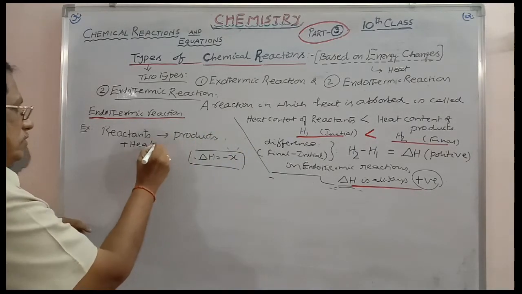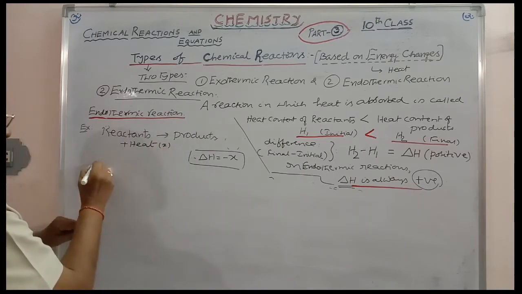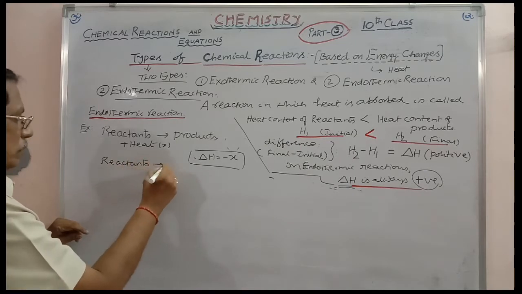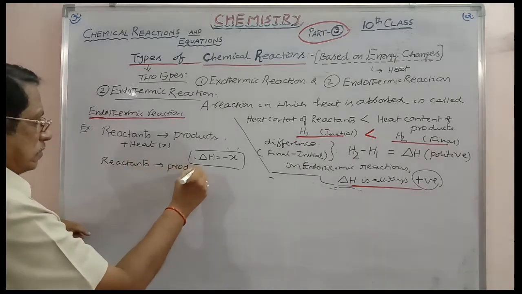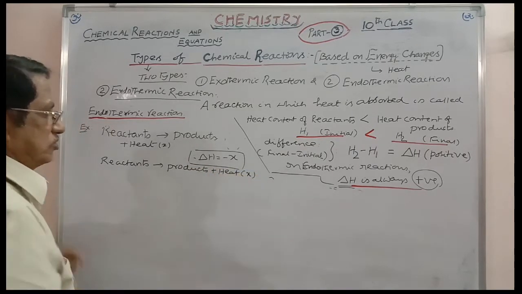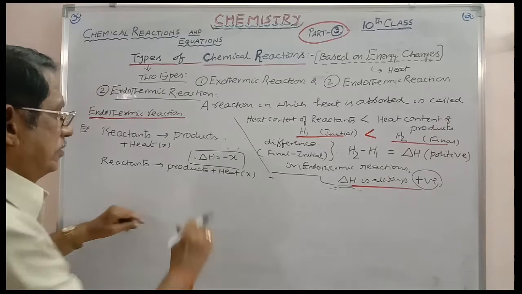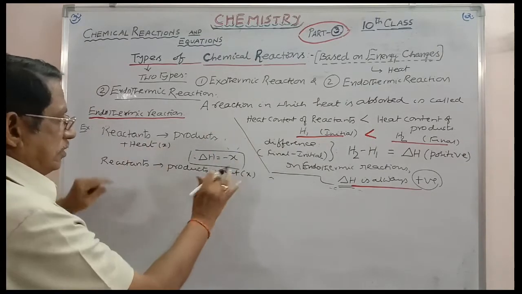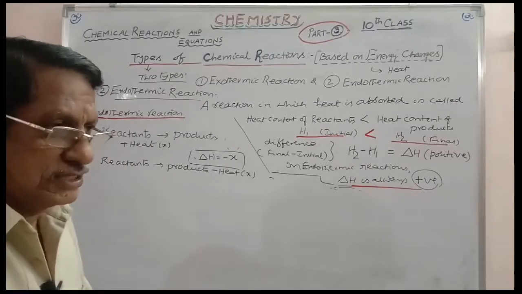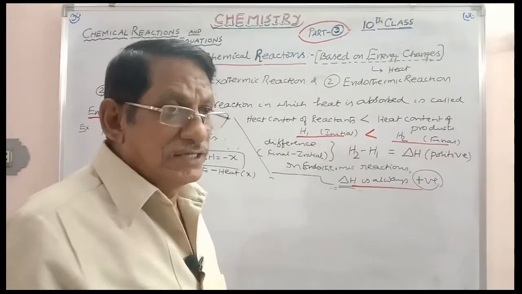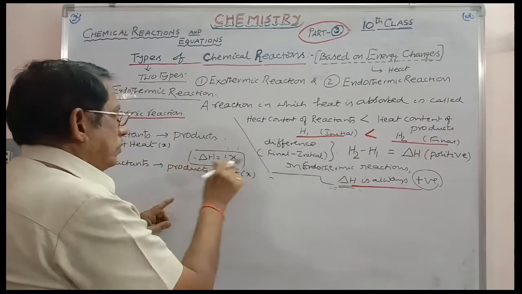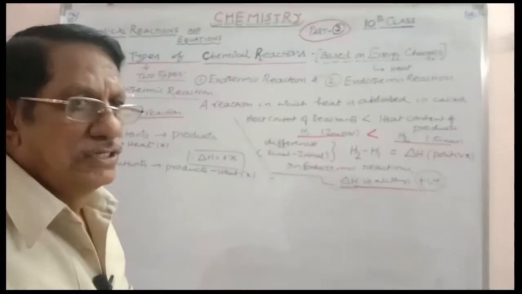Let us suppose that is the value X. Then reactants will give you products plus heat in the form of value X. Here it is a plus, brought to the right side, it becomes minus. So in the case of endothermic reaction, on the product side if you write the heat content, that is represented by negative sign. When it is negative sign, then delta H is positive. In this case, delta H is positive.